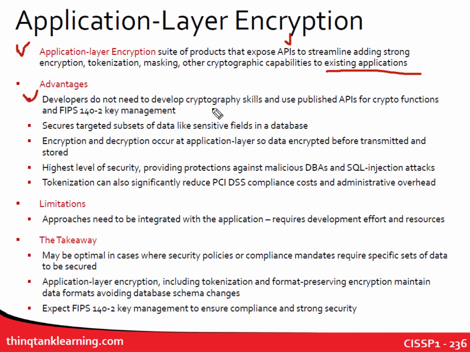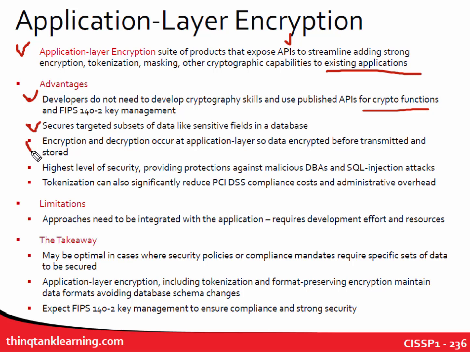Developers do not need to develop cryptographic skills, and they use published APIs for the cryptographic functions within the application. That's important because that means those are tested and reliable functions. We secure targeted subsets of data like sensitive fields in a database.